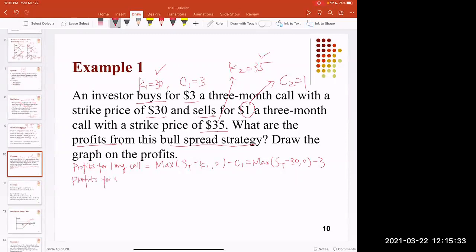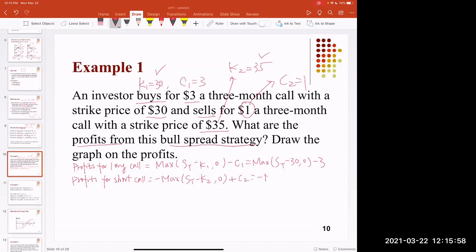And the profits for short call. For short call, remember we put a negative in front of the maximum value, and ST minus K2 now, right? Because we consider the second call option, C2, and because you take a short position, you receive C2.